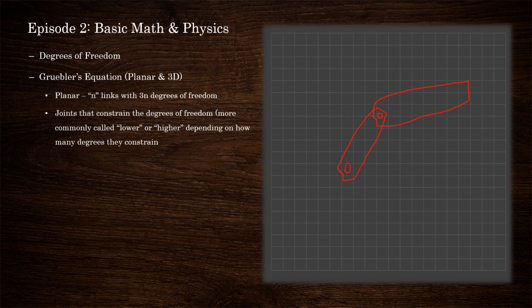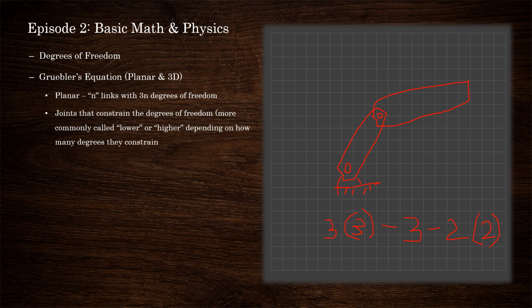But when I ground this, there are 3 links, including the ground. So I'll call it 3 times 3 links, then minus the ground, which basically lost all 3 degrees of freedom, minus there are 2 joints here which each arrest 2 degrees of freedom.